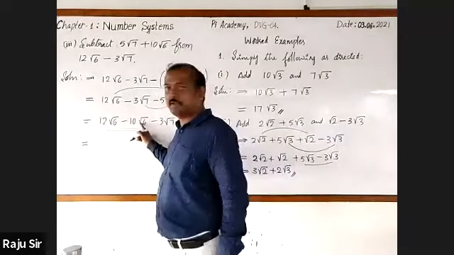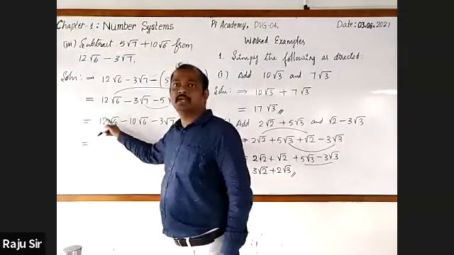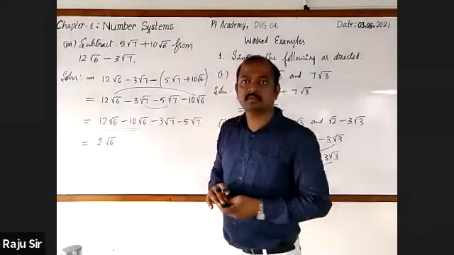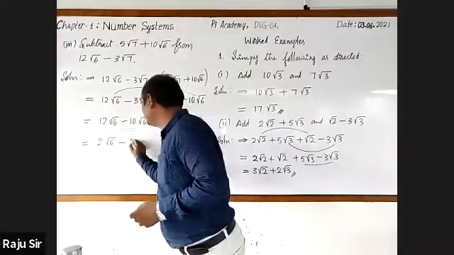Root 6 is same, so you just subtract the numbers: 12 minus 10, 2 into root 6. Minus 3 times root 7 minus 5 times root 7 gives minus 8 times root 7. Did you understand?